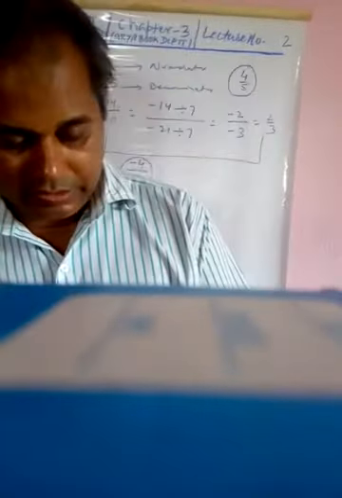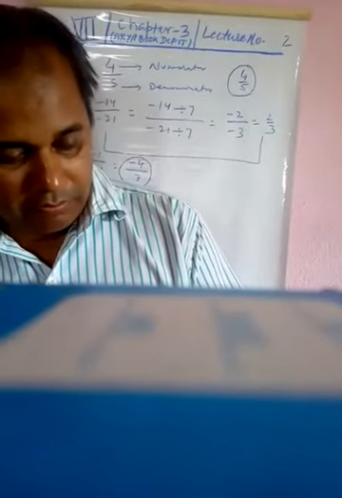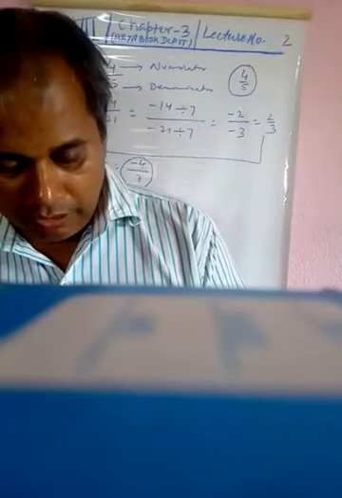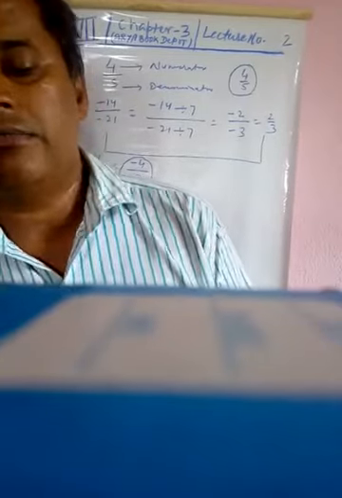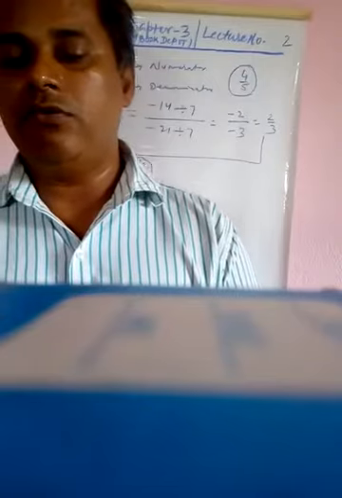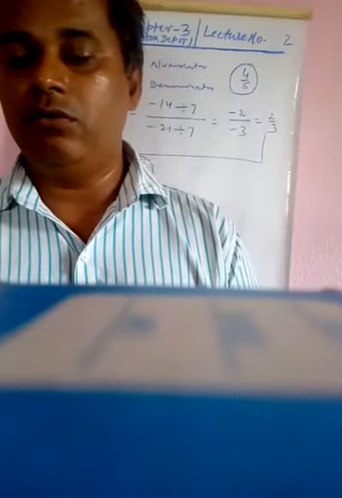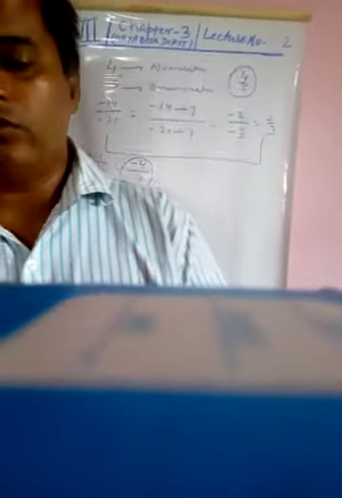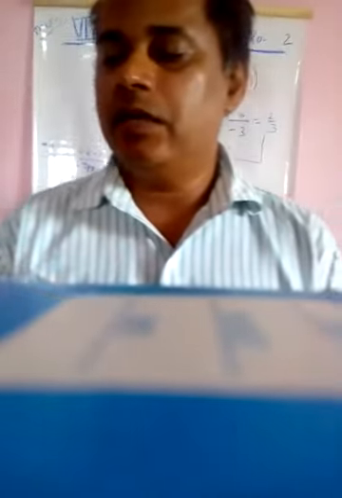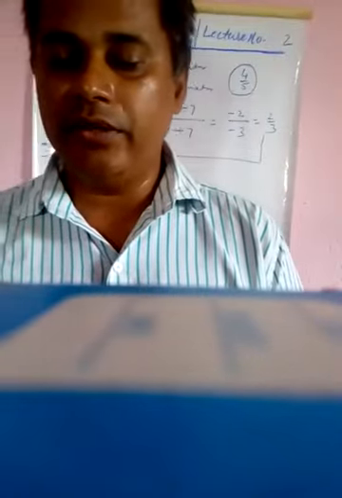Hence both numerator and denominator should be multiplied with 12 to get an equivalent rational number. Hence minus 3 into 12 by 8 into 12 is equal to minus 36 by 96. Therefore the required rational number is minus 36 by 96.